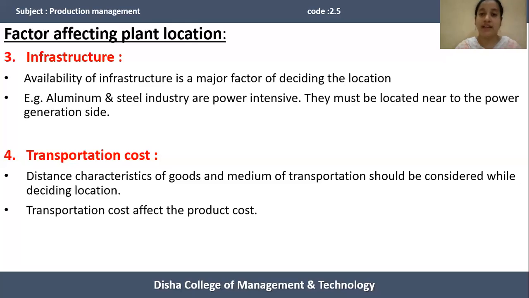They have to decide to locate their industry in that place. If the transportation cost increases, that ultimately increases the production cost. So the industrialist should give due consideration to minimizing the transportation cost while deciding the location of their plant.